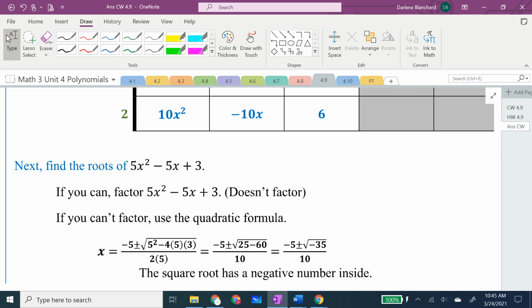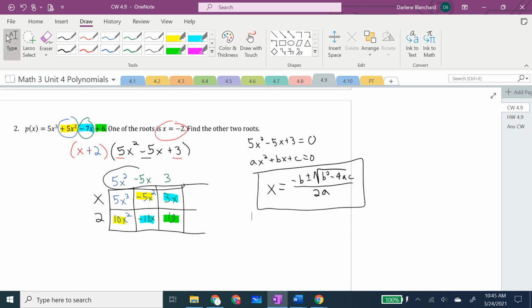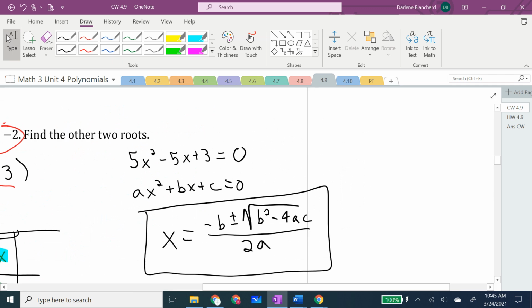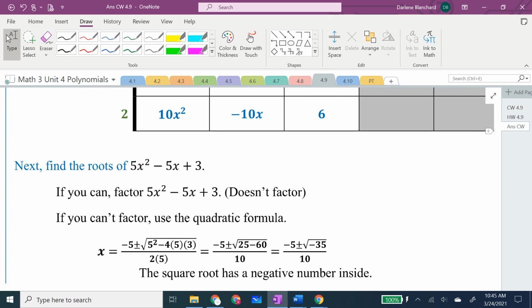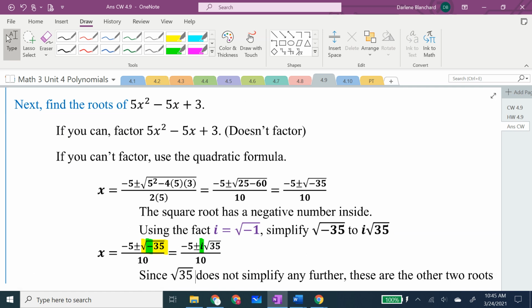Let me go back over here. Did I mess that up? It's possible. It happens to me. Negative b should be positive 5. I messed up.